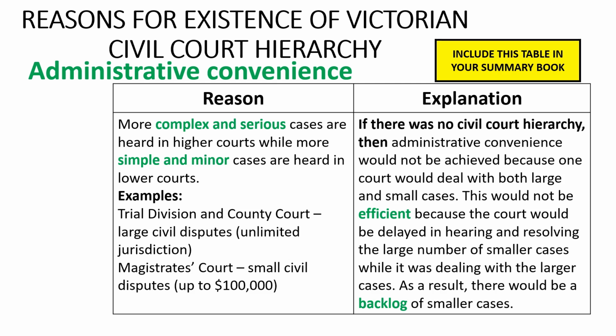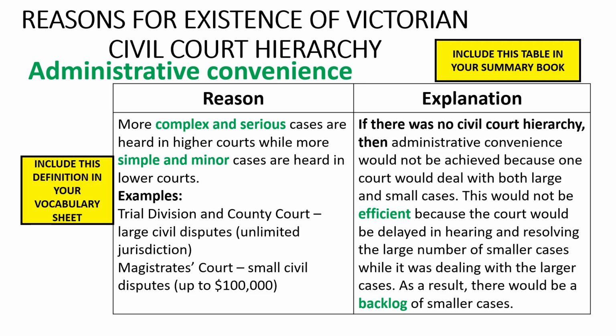Look down the left-hand side of your vocabulary sheets, find the term administrative convenience and write this definition in there. Administrative convenience focuses on the fact that the higher courts, such as the County Court and Trial Division, deal with cases that are likely to take a longer time to resolve because those cases are complex and serious cases. That is, they are large cases.